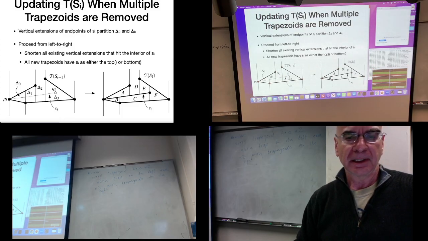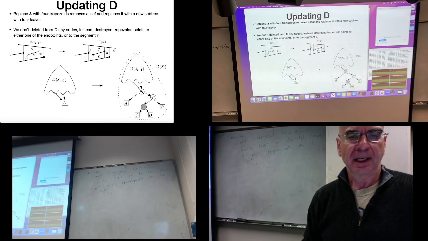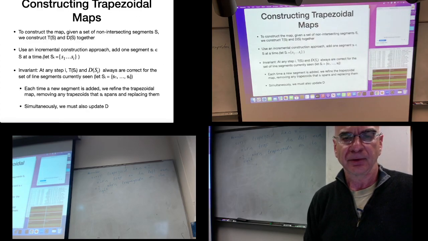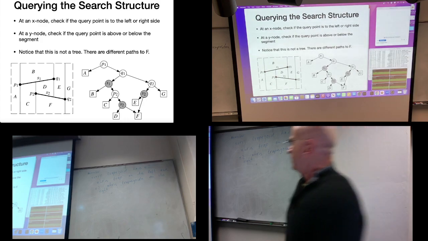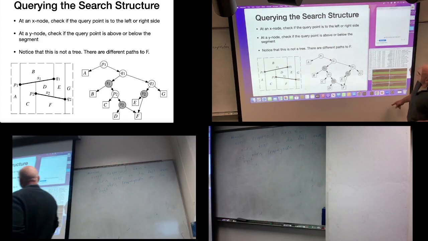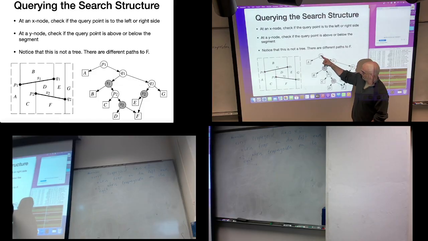And the data structure that we discussed last class was very, very simple, very easy to use. We divided our tree into X nodes, where we just ask, is my query point to the left or to the right of the X node?